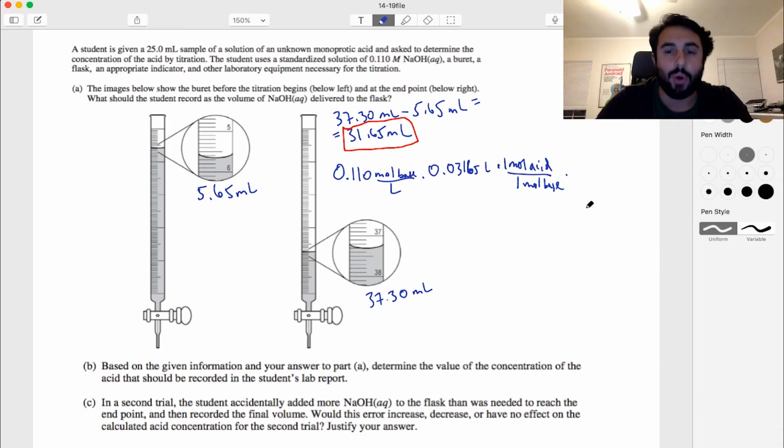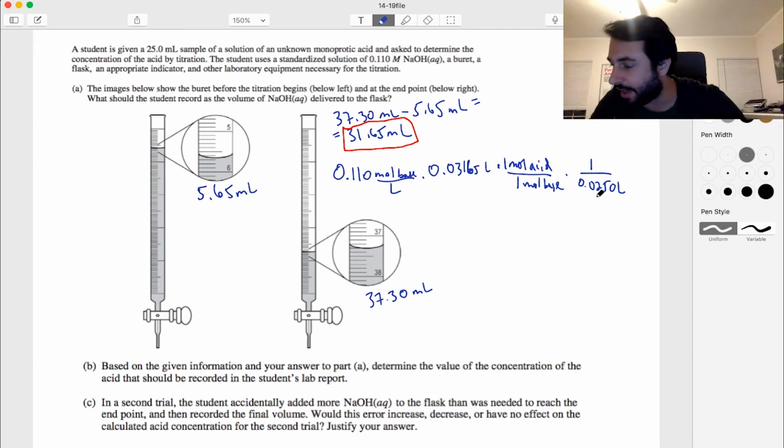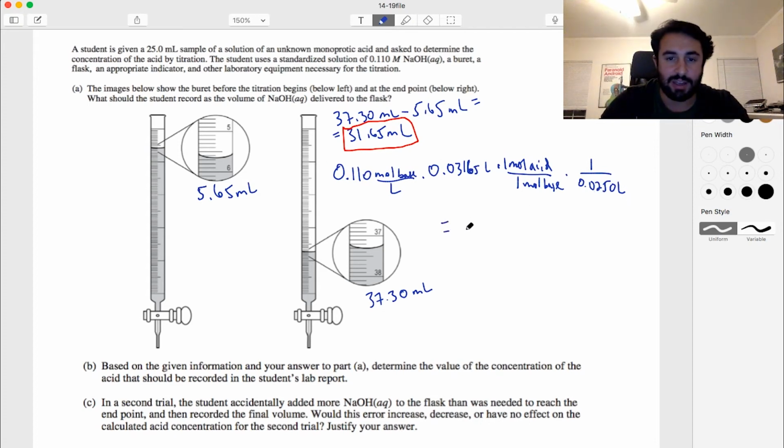And once we have moles of acid, we want concentration. We want moles per liter. So let's take our moles of acid and divide by the liters of the solution. So 1 over 0.0250 liters, right? This is a 25 milliliter sample. That's 0.0250 liters. So we just plug all that in and we get 0.139 molar.